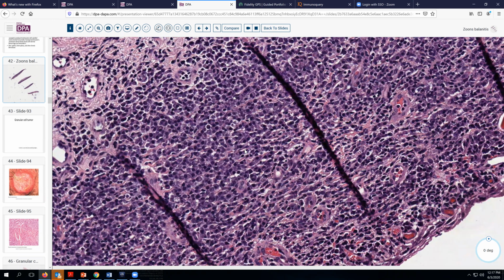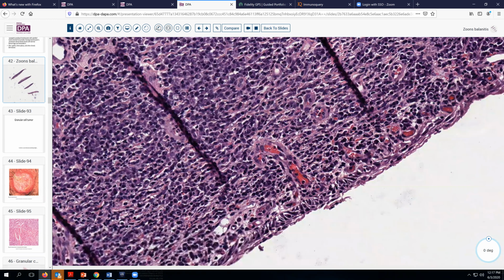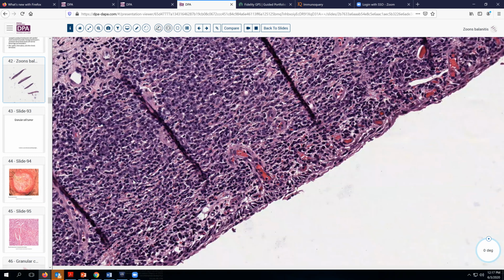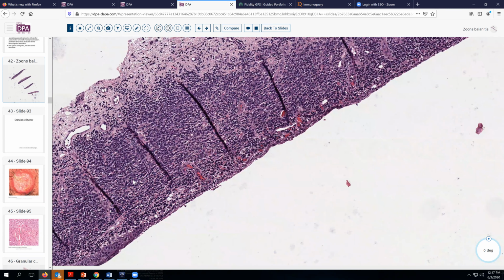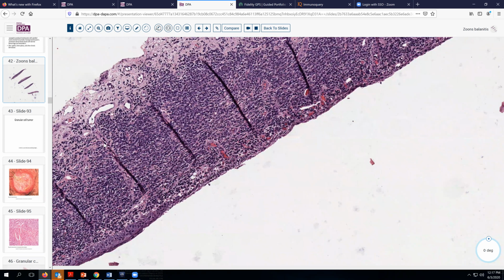These are all just one after another, back-to-back plasma cells. And that is a nice example of Zoon's. It can be a little bit less pronounced, of course, in other circumstances.